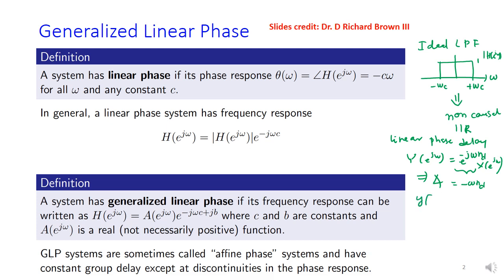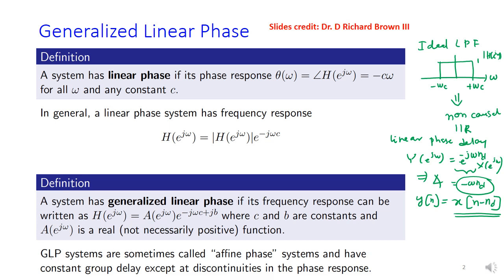Computing y of n gives us x of n minus nd. So if we have a linear phase coming from the system, all it does is delay the sequence, and moving from an ideal system to a practically realizable system, we said linear phase delays are acceptable because in the time domain the sequence just has a delay which can be compensated.